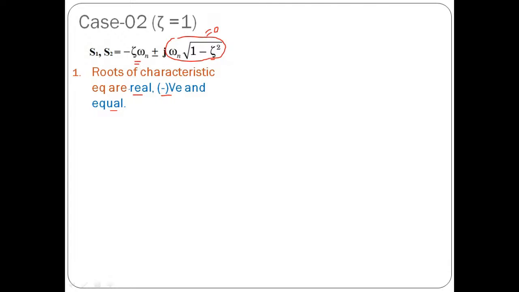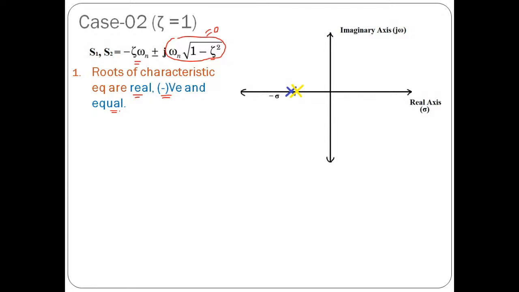So the roots of the characteristic equation are real, both are negative, and both are equal. Their location in the pole-zero plot will be at this particular point. This is the general representation, but ultimately all are equal, all are negative, and all are real. That is important.